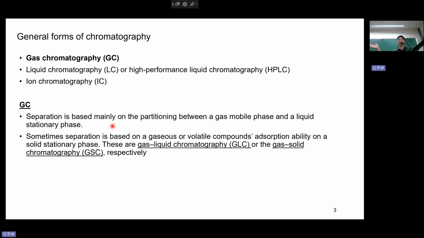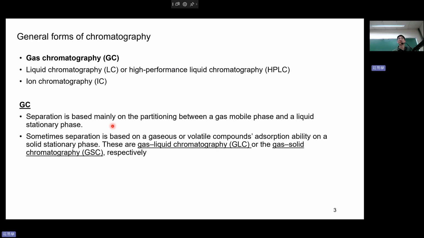All right, so get back to ion chromatography. We use ion chromatography to separate ions. The main function is to quantify the concentration of ions, including cations and anions.